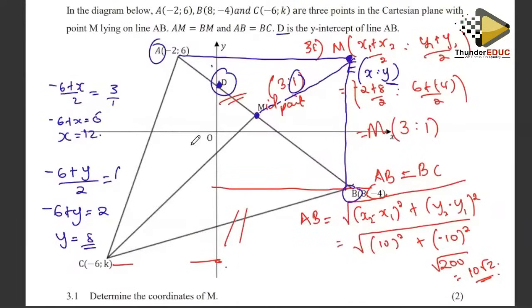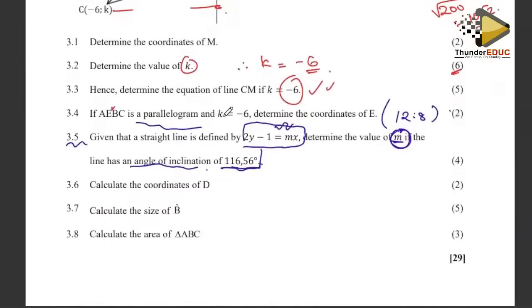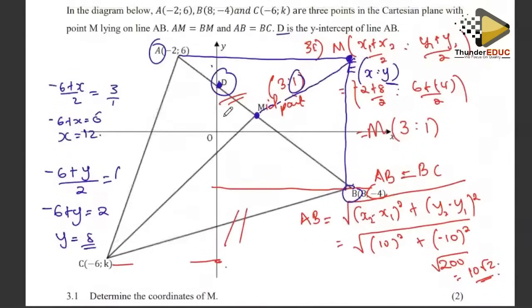But this is a y-intercept, meaning that the x is going to be 0. Is there anything special they mention about D? There's nothing. It's just the y-intercept of AB. So 2 marks is still an understatement, unless there's something that I'm missing for 2 marks.